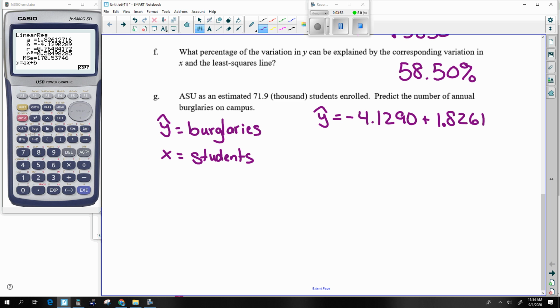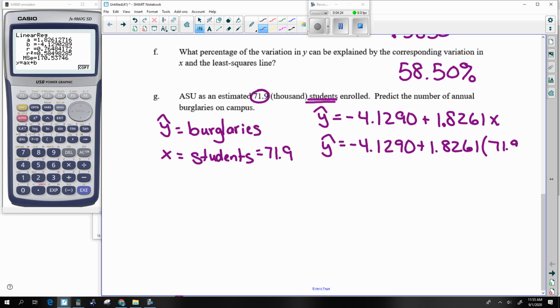Okay, so what they tell me is ASU has an estimated 71.9 thousand students. So this 71.9 is an X. All right, so that is an X formula. So that 71.9 is my X. So this is going to be Y hat is equal to negative 4.1290 plus 1.8261X, which is now 71.9.